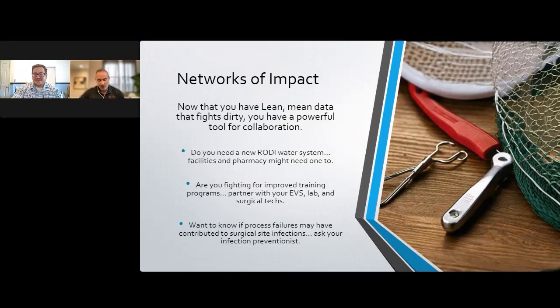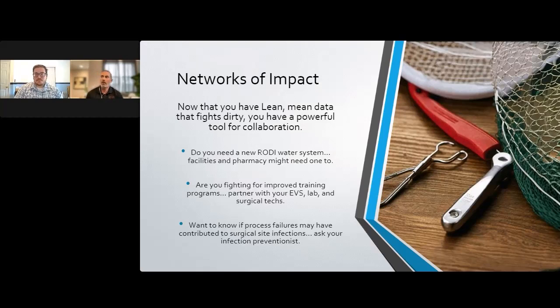In terms of data, I think the word could even be perceived as a 4-letter word in the world of sterile processing and beyond. People think of numbers, and it can be intimidating.